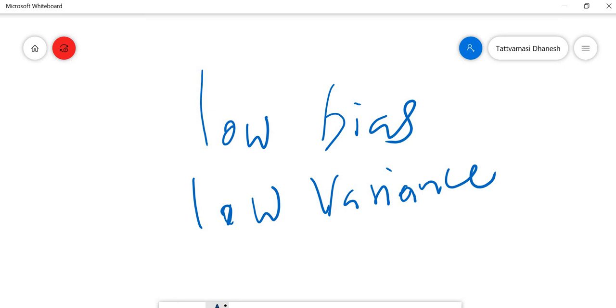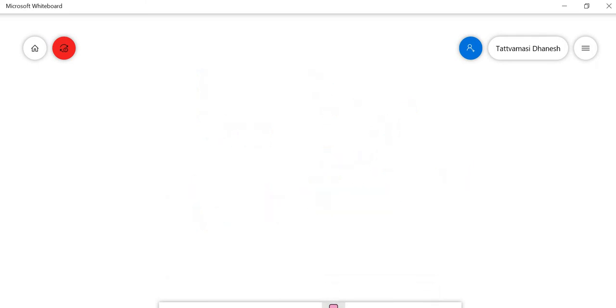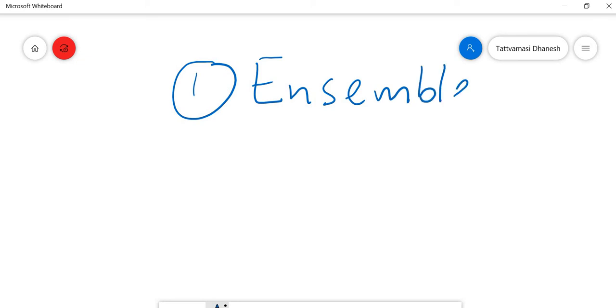For that purpose, we have different approaches in machine learning for optimizing the bias and variance, to get low bias and low variance. One is the ensembler method. The ensembler method is classified into two.